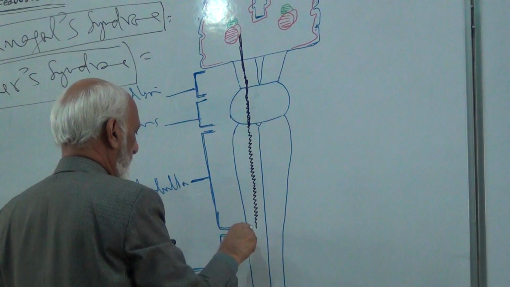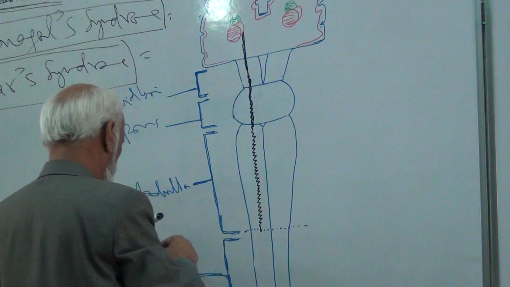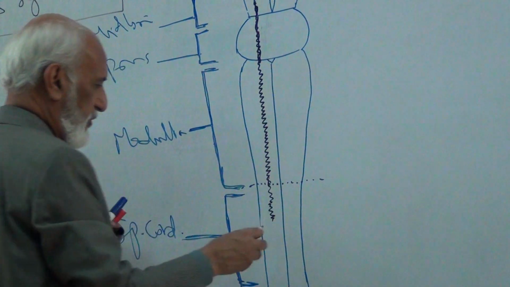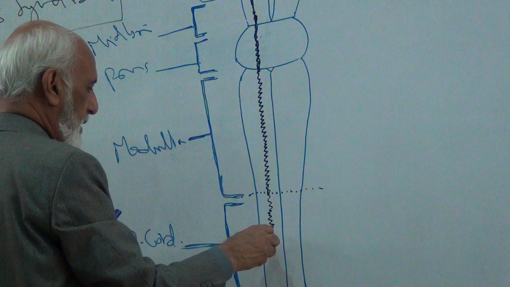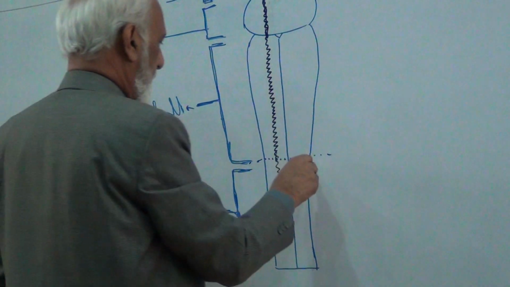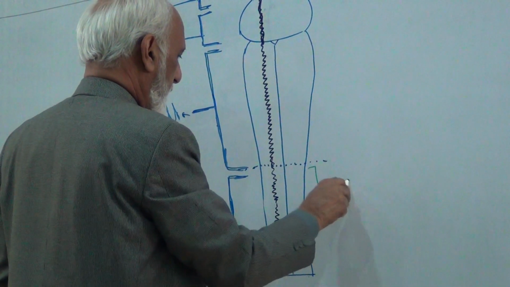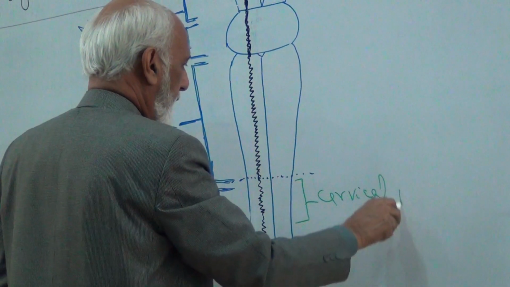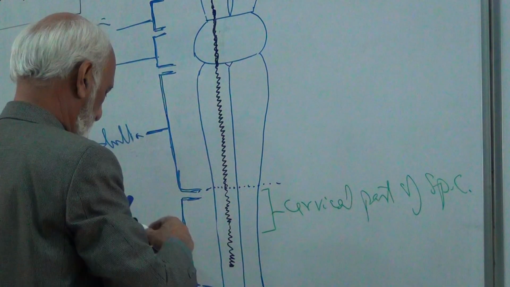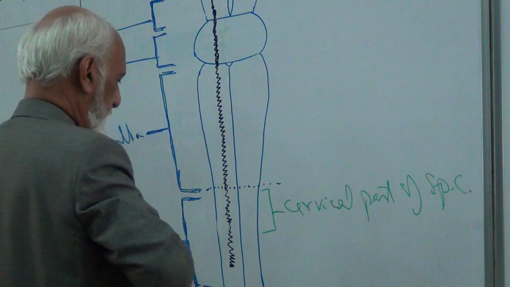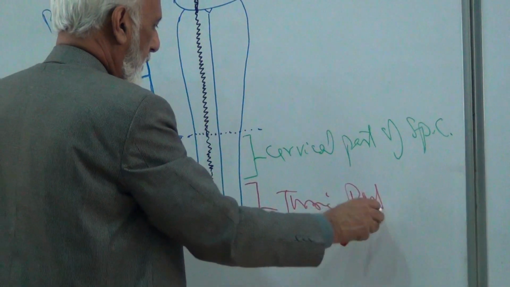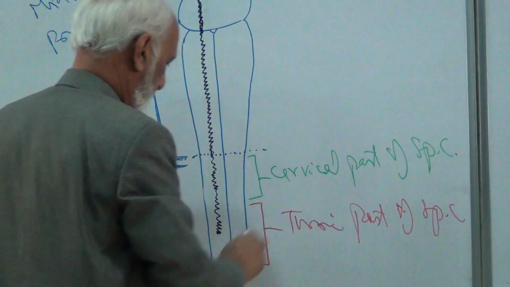From the medulla oblongata, it enters the spinal cord, traverses the cervical segments of the spinal cord, and enters the thoracic part of the spinal cord.